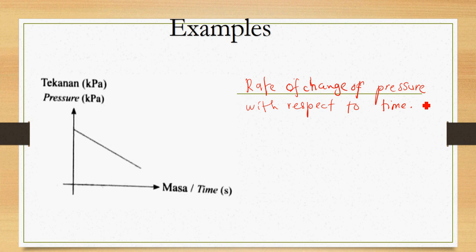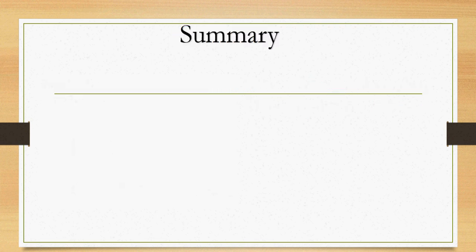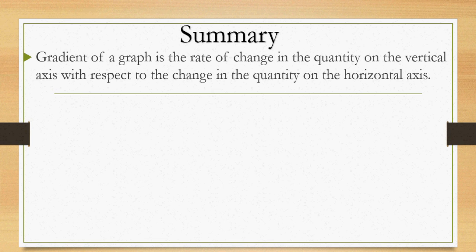After the six examples, I think all of you can understand that when you are calculating the gradient of a graph, you are actually calculating a quantity. What is the quantity? The quantity is the rate of change of the vertical axis with respect to the horizontal axis. So, summary: the gradient of a graph is the rate of change in the quantity on the vertical axis with respect to the change in the quantity on the horizontal axis.